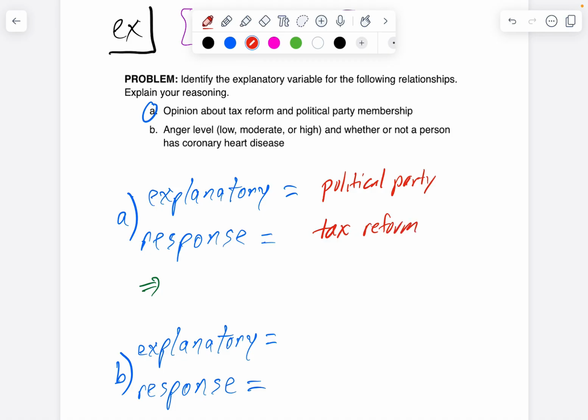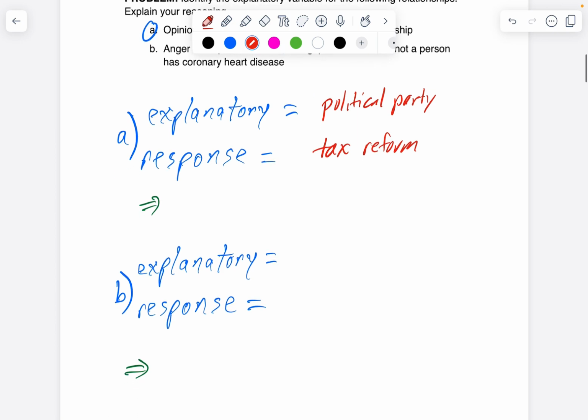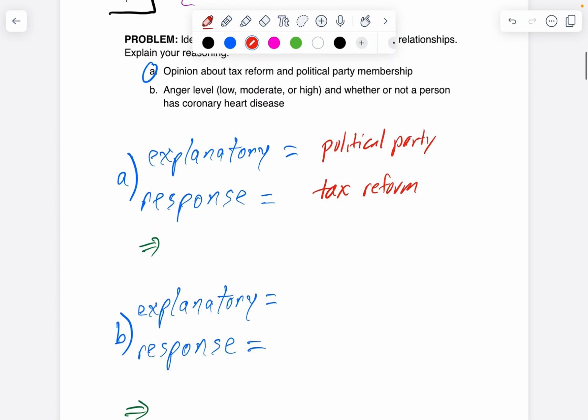For example, perhaps you might determine Republicans are more in favor of this piece of tax reform, and Democrats are less likely to support it. So political party would be the explanatory variable, and their opinion on the tax reform would be the response.